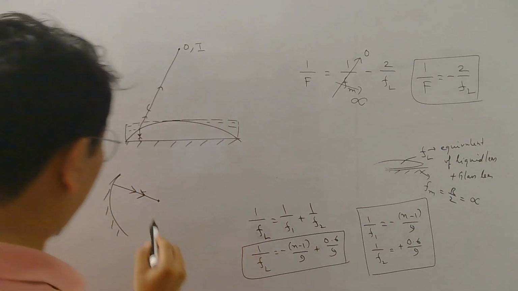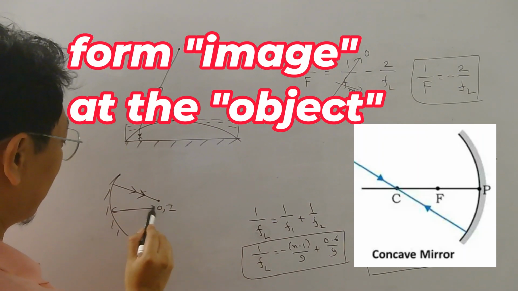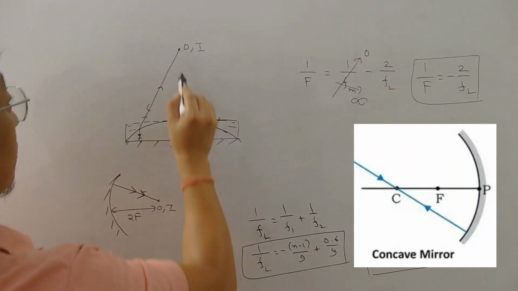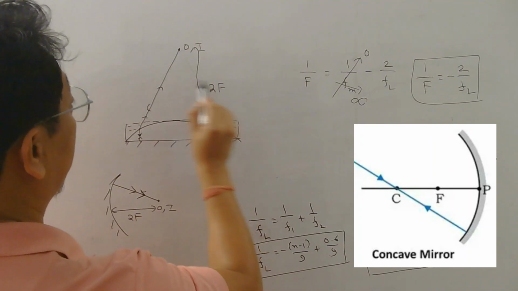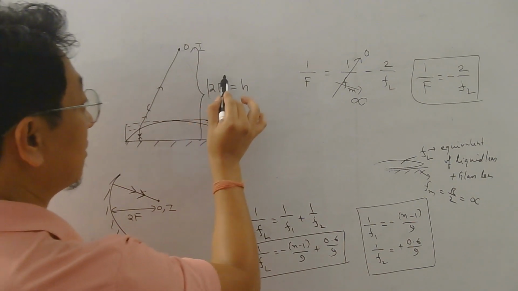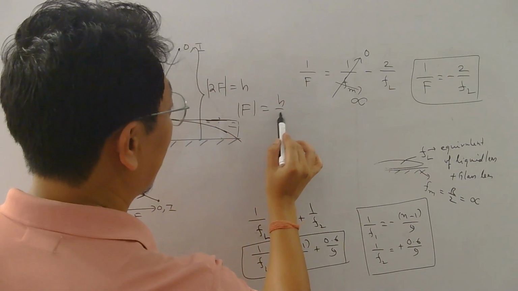Now when does a concave mirror form the image at the object itself? When it is at a distance of twice the focal length, isn't it? So this distance should be twice f, which was given to be h in our question. Distance-wise, this is h. So what will be f distance-wise? h by 2.